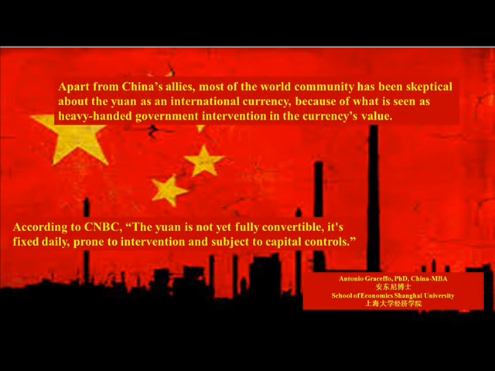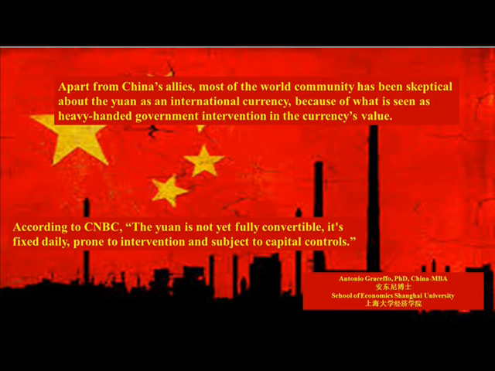Apart from China's allies and countries that just absolutely hate the United States, most countries are skeptical about using the yuan as an international currency.